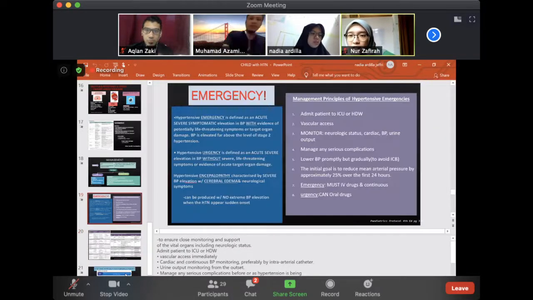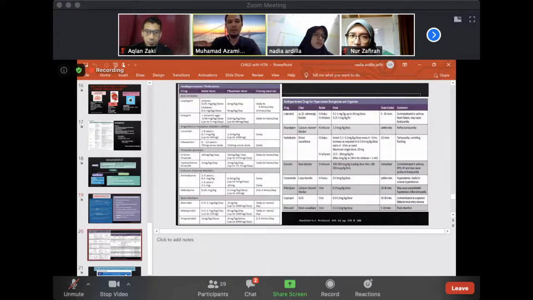Okay. So I think our PITS protocol ada dia punya management, and then we also use IV labetalol as well for hypertensive crisis. Meaning that the most common we use is IV labetalol, doctor. Yes, normally we use IV labetalol. Need to look into, can't remember.